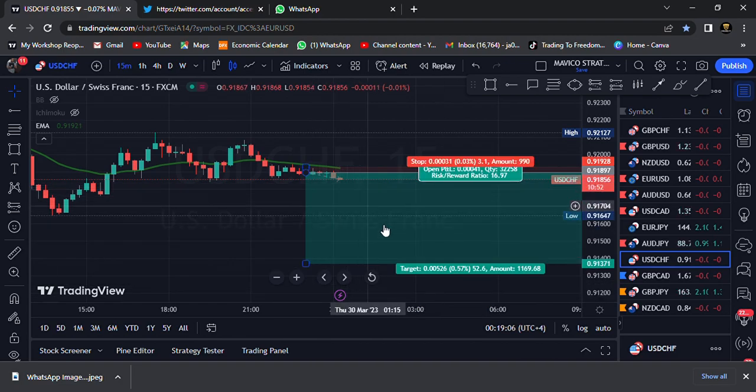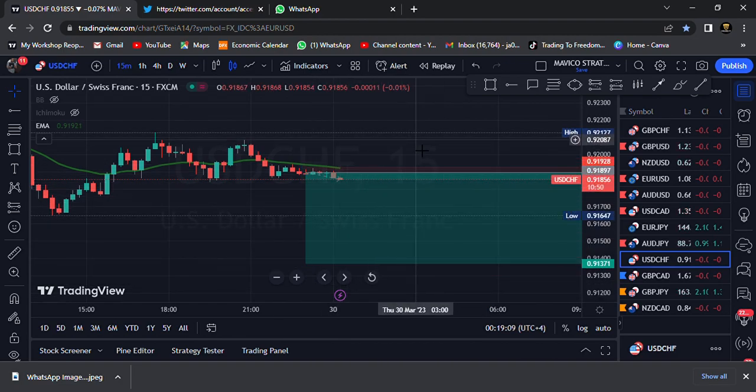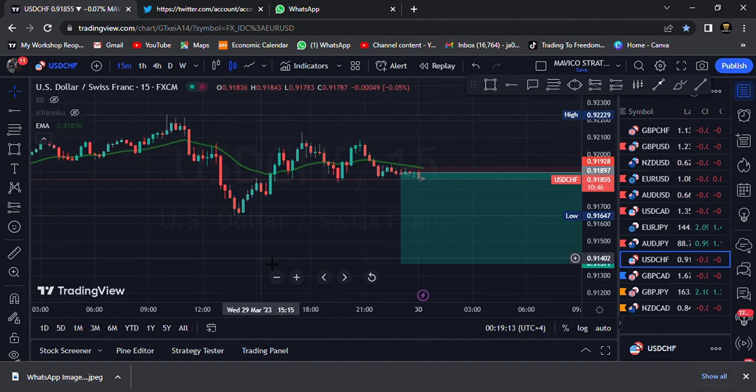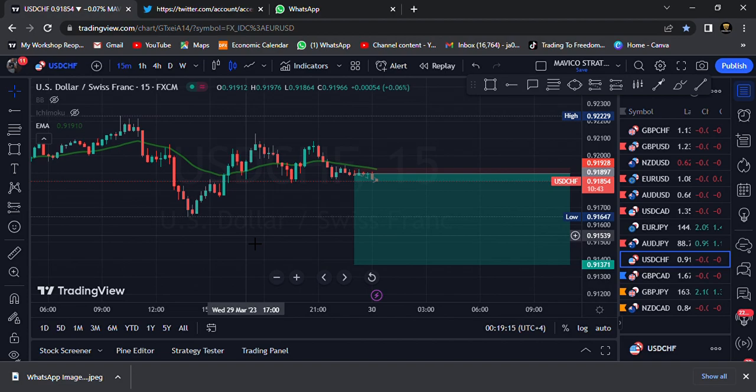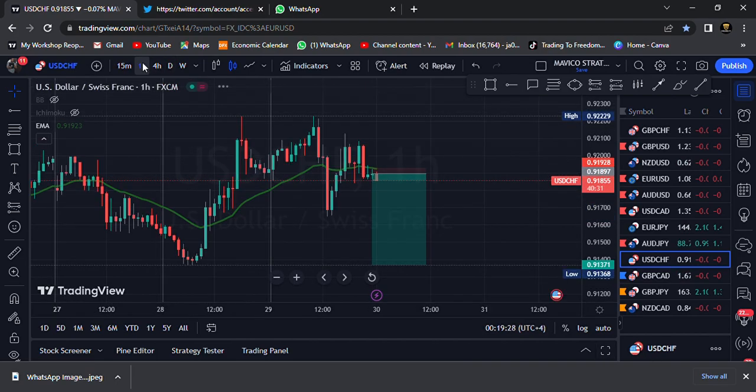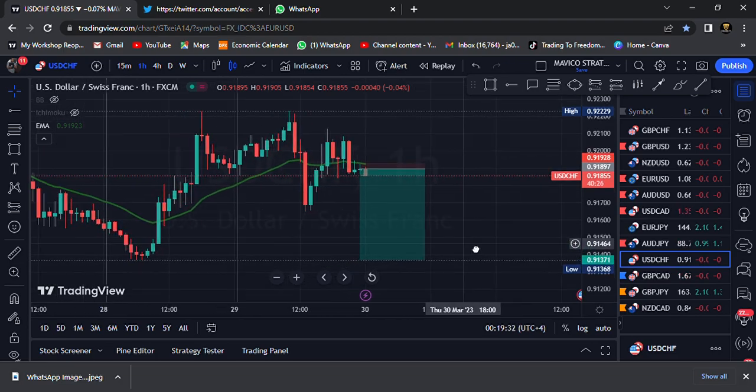If we get kicked out, we can still re-enter. So that is how we do it. If you get kicked out, you can still re-enter, instead of putting your stop loss right above this area, then you get exhausted completely. So that is a good one for USD CHF.